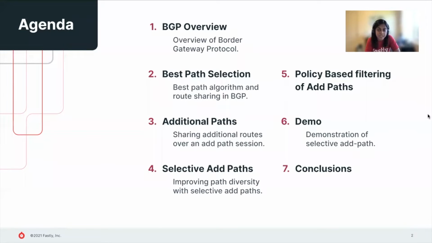The agenda for today's talk includes an overview of the Border Gateway Protocol and what makes it the most widely used one in the internet today. I'll then talk about the best path selection algorithm in BGP, and then move on to why sharing additional paths might be useful in some cases.